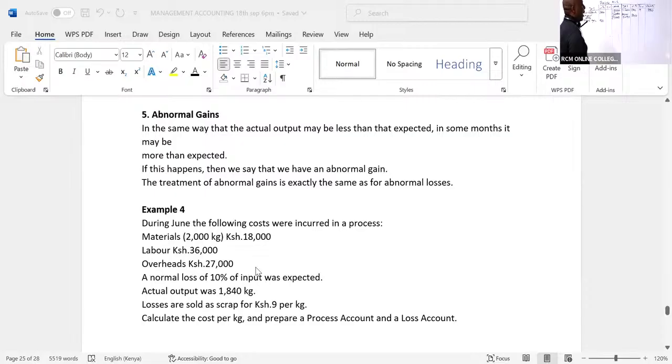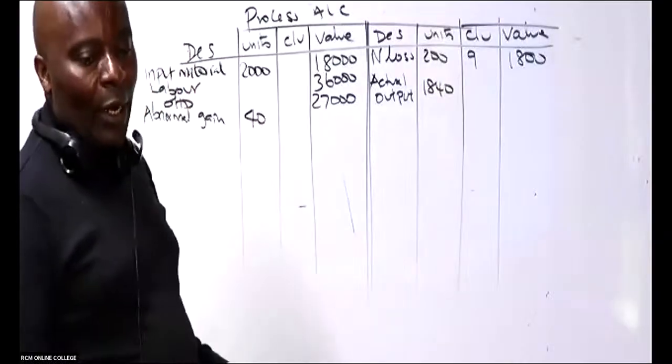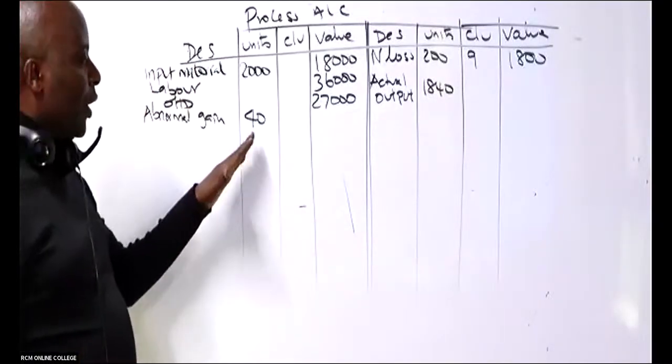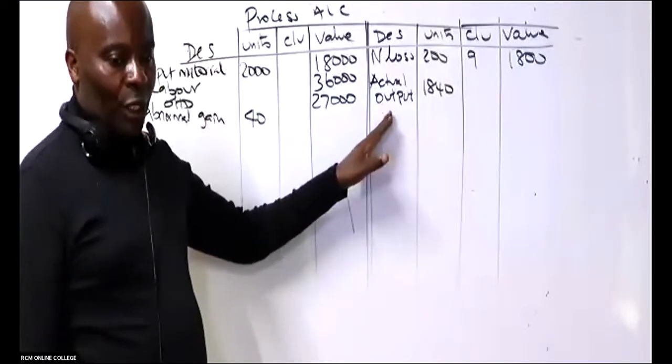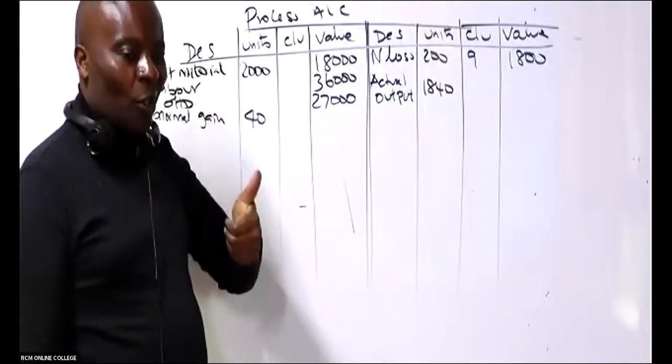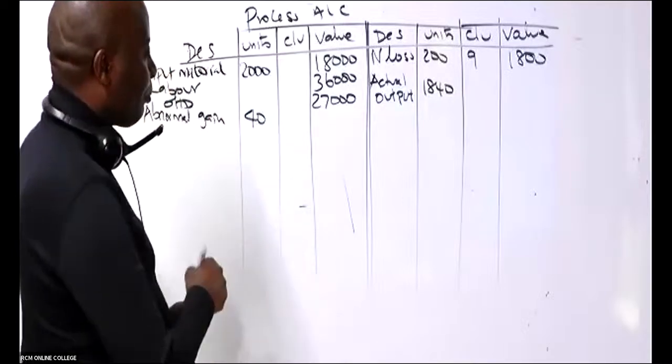So then I only have two things to value here. I would want a value for the abnormal gain and a value for the actual output. For these two things, I'll have to use the process cost per unit formula.